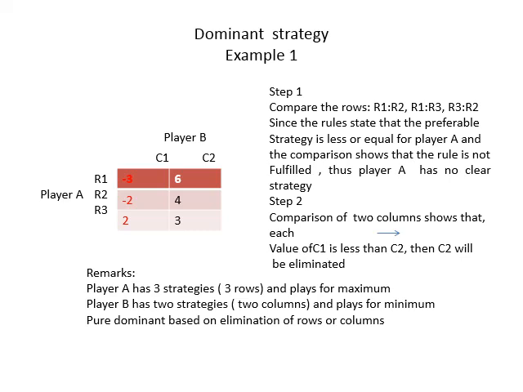Since the rules state that the preferable strategy is less or equal for player A, and the comparison shows that the rule is not fulfilled, thus player A has no clear strategy.